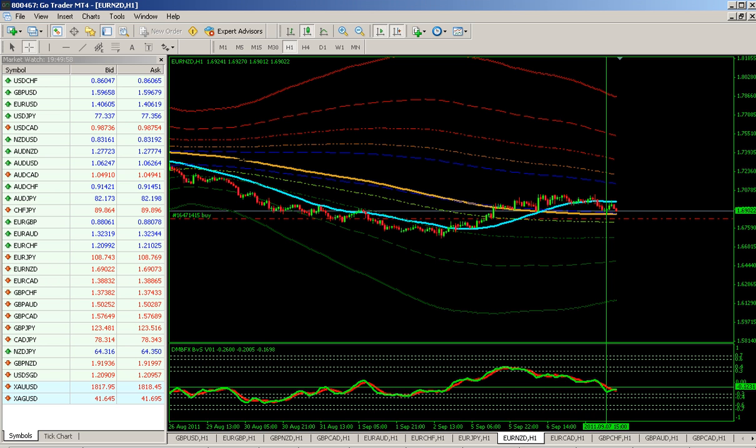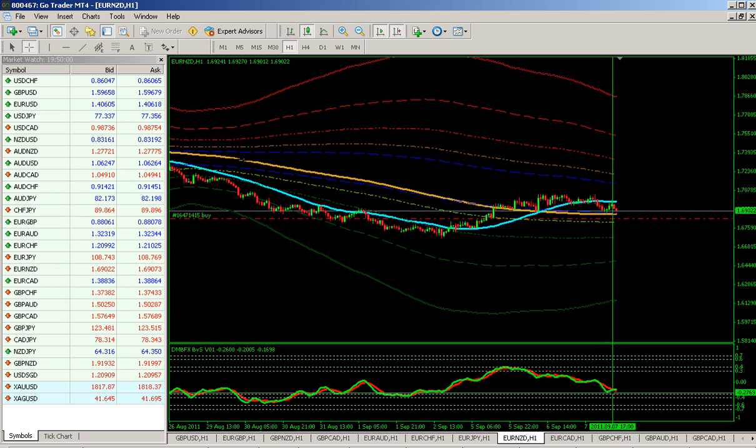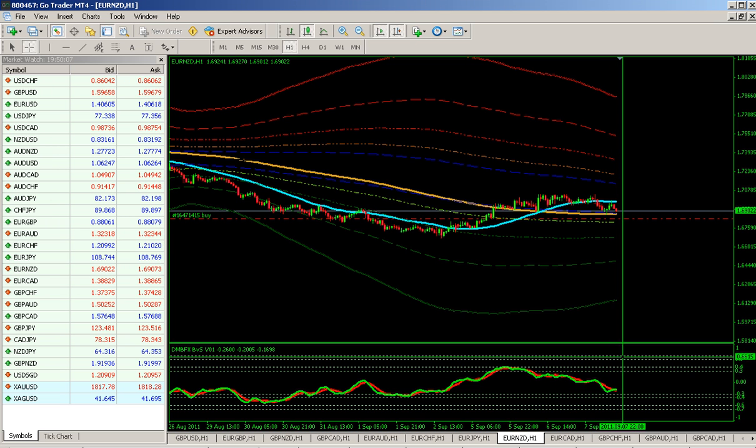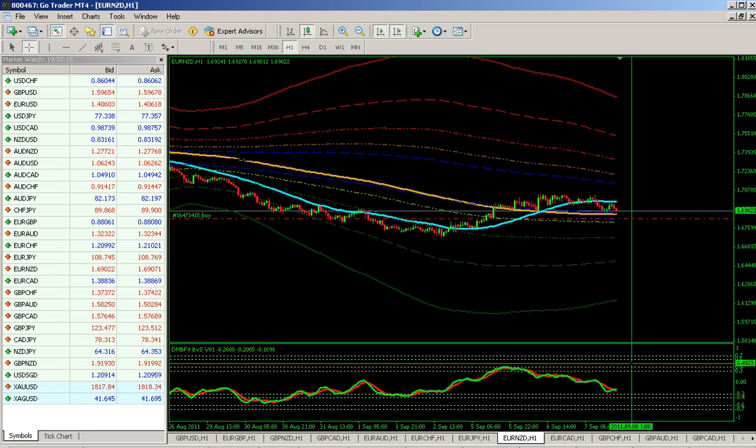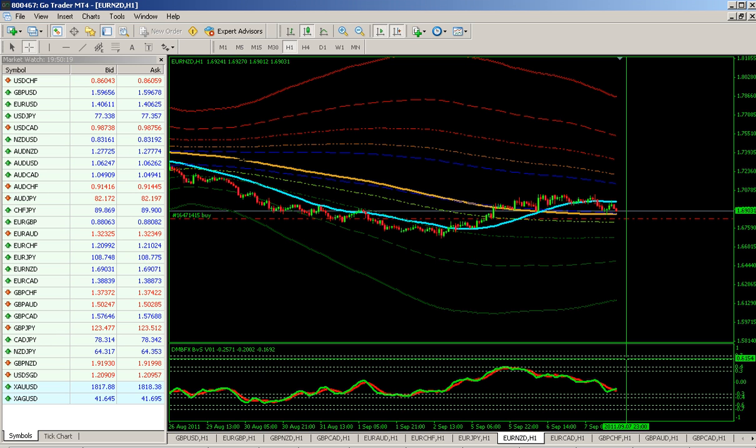So let's say we do a buy trade. The green line would have to be on top of the red line, the sell line, and vice versa. If we were up here doing a sell trade, the red line would have to be on top of the green line and going down before we could make a trade.